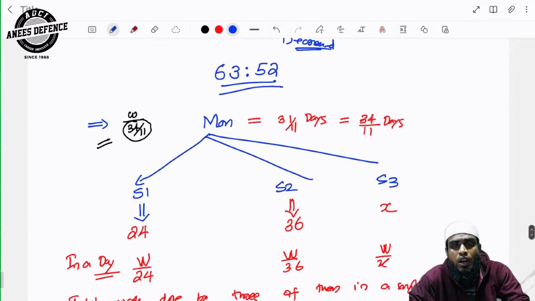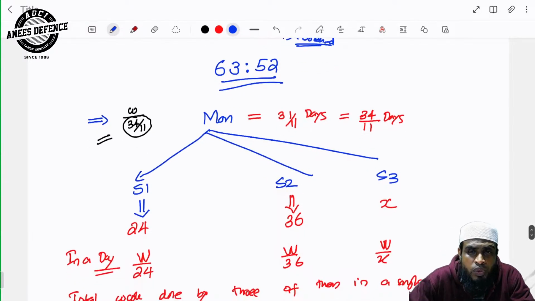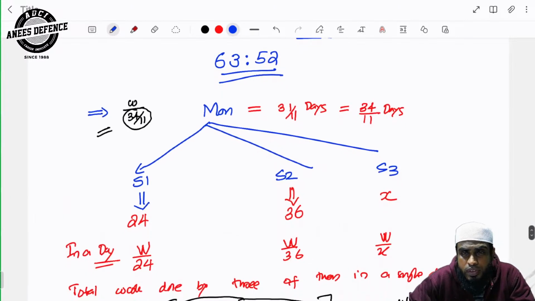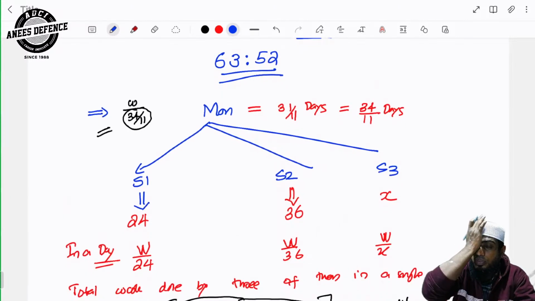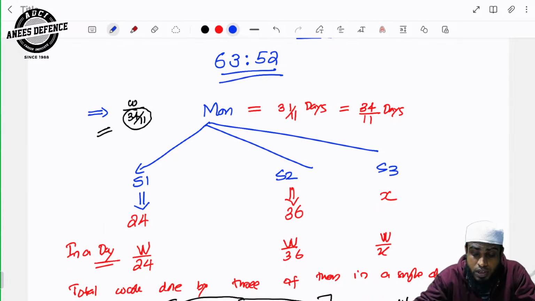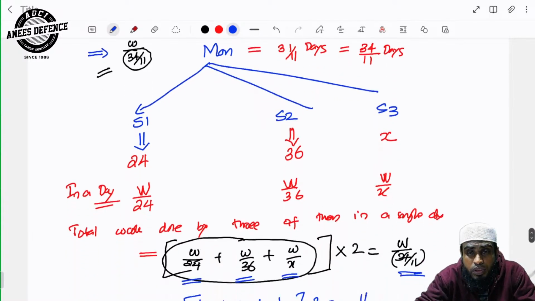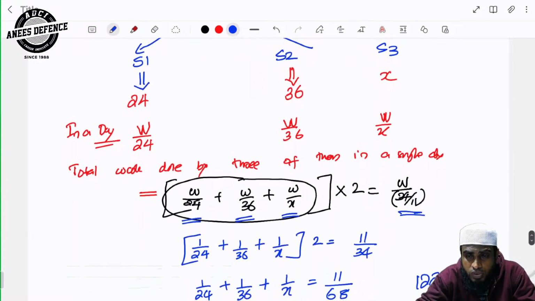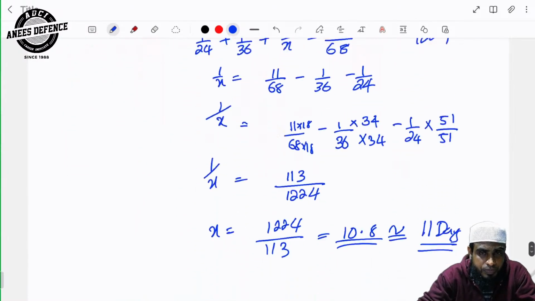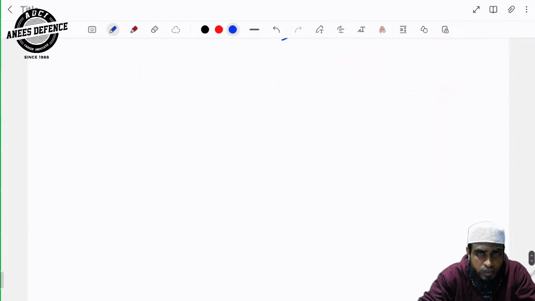So individually, the first son, second son, third son will do it in 24, 36, and the third we consider as X. And the man himself can do the work in 34 by 11 days. So by all these values, you will be able to calculate the number of days required for the third son to complete the work. So that is actually 11 days approximately. That is this question.